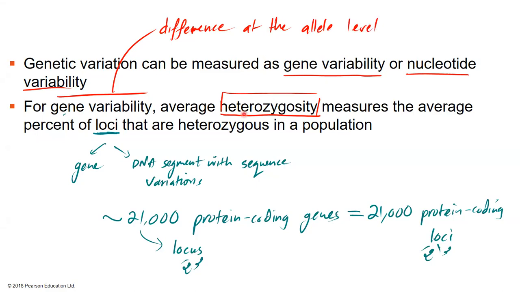So different alleles, okay? If different genes within the population, or a high number of genes within the population, have two different alleles for each gene, this means the average heterozygosity will be higher, which means the gene variability will be higher, which means the genetic variation will be higher.